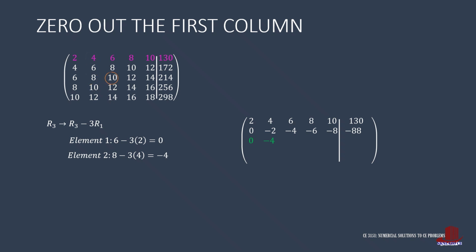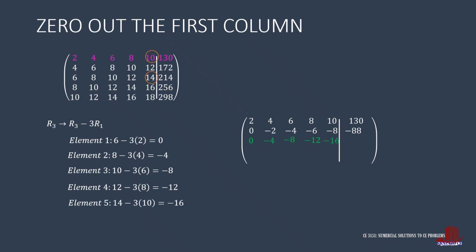The following element is 10 less thrice of 6, resulting to negative 8. The fourth element then has 12 minus thrice of 8, giving negative 12. The last element is then 14 less thrice of 10, which becomes negative 16. Under the constant column, there is 214 less thrice of 130, which gives negative 176.